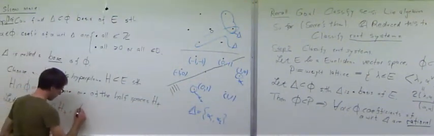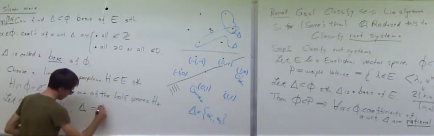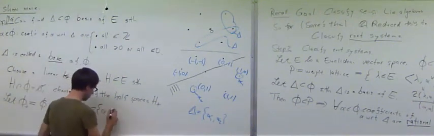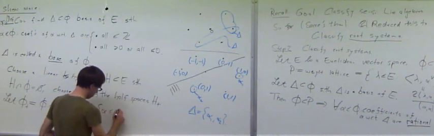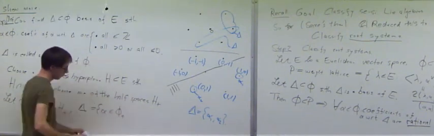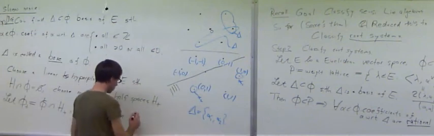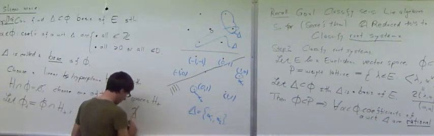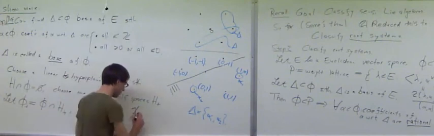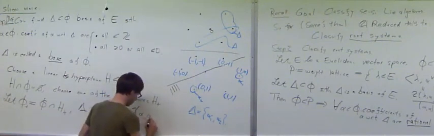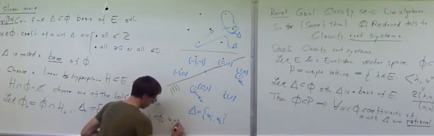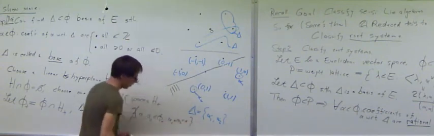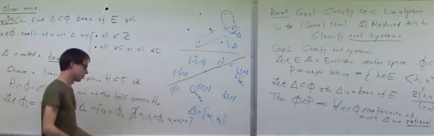And delta is the set of all roots alpha in phi plus such that I cannot decompose alpha as a sum of two other positive roots, right?